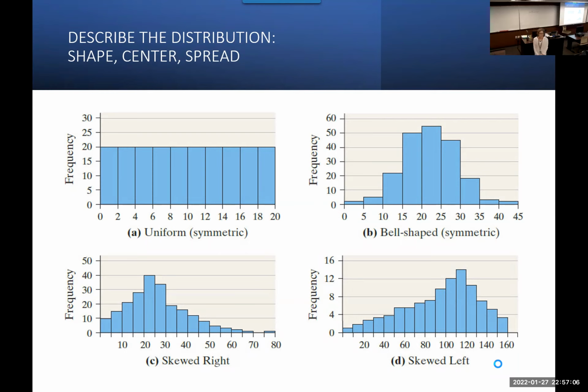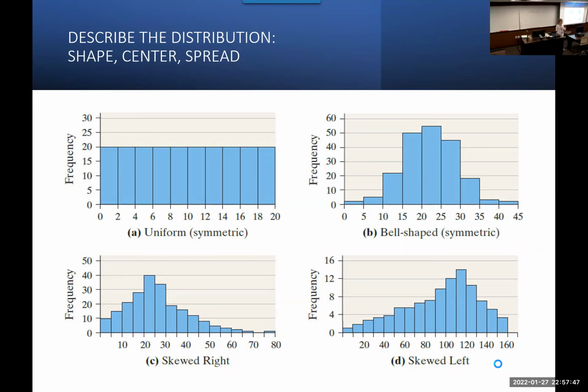So what we have here are 4 examples of histograms, and we are going to come up with a name for these particular shapes. The top left-hand corner up there, that is a uniform distribution, or a uniform shape. The characteristics there are that the height of our bars are roughly the same. Now, this picture up here is simply a perfect world, and you don't always have data that comes in a perfect world.